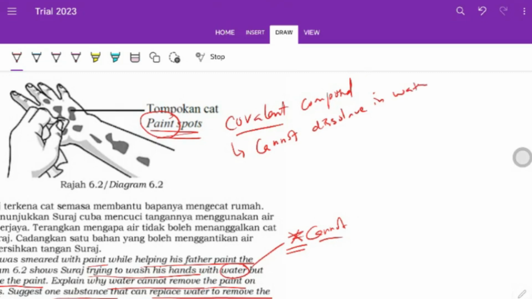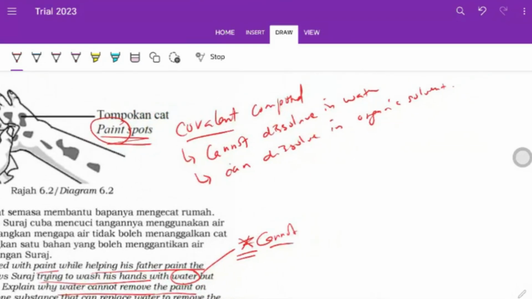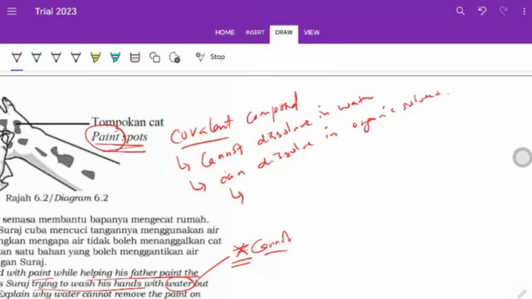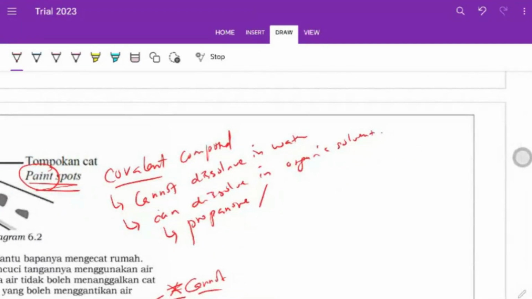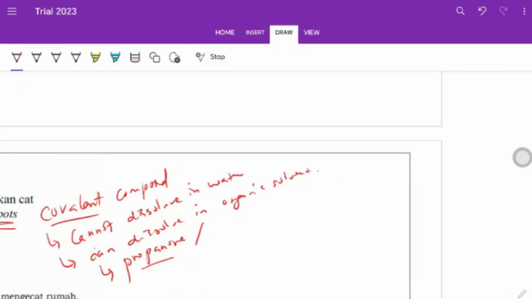But we know that covalent compounds can dissolve in organic solvent, correct? Any example for organic solvent that I asked you to remember? Propanol can. What else? Alcohol also can, but normally we don't use alcohol.